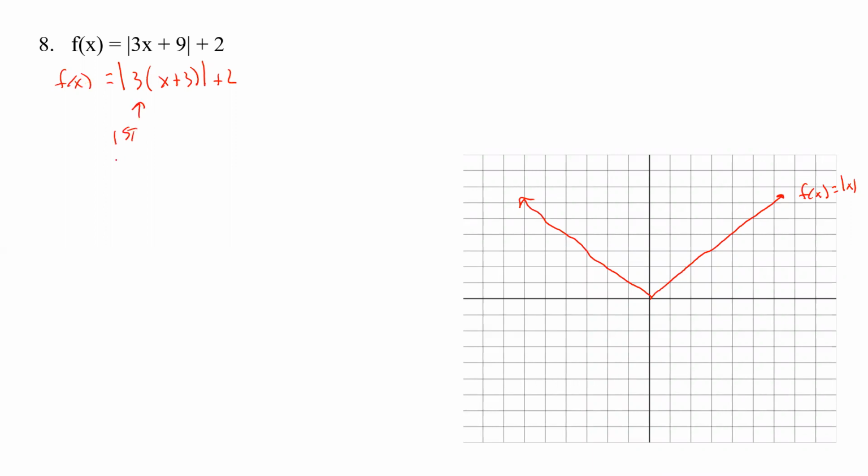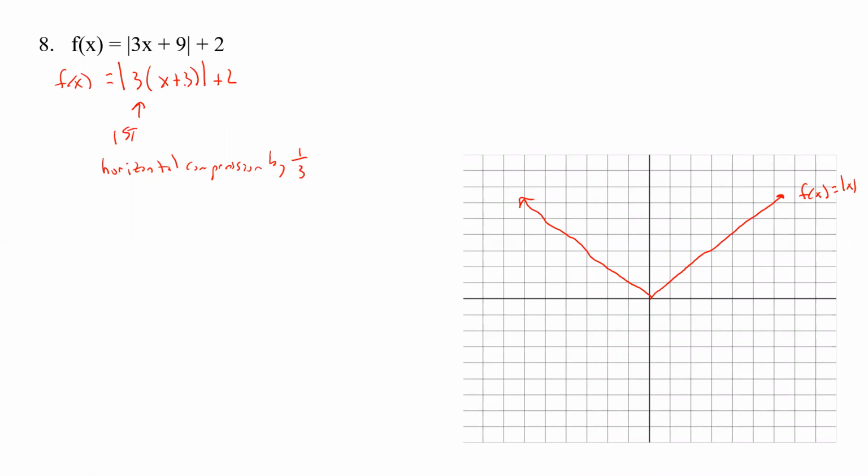So first, our B is going to be 3, and so we're going to do a horizontal compression by 1 over B, which is going to be by 1 over 3. So we're going to multiply all our x's by 1/3, and so it's going to compress it kind of into the center here.